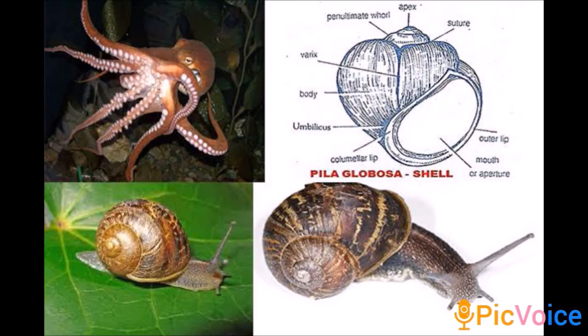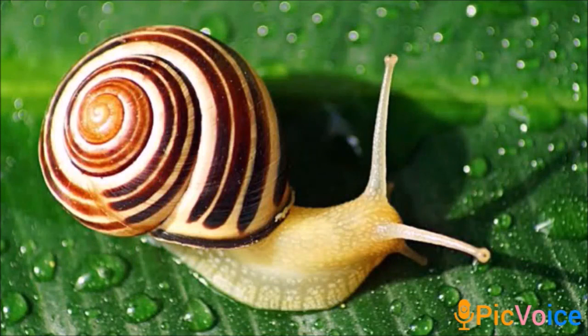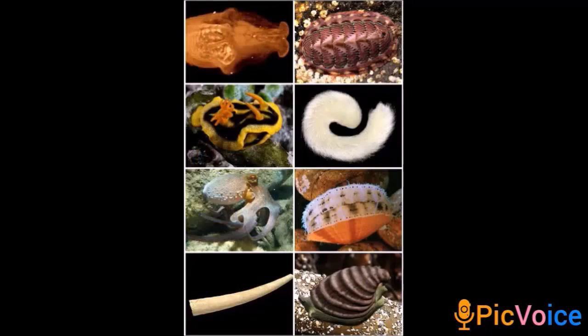The body is covered by a calcareous shell and is unsegmented with a distinct head, muscular foot and a visceral hump. So they do not have segments, and a calcareous shell is present over them. A soft spongy layer of skin forms over the visceral hump.